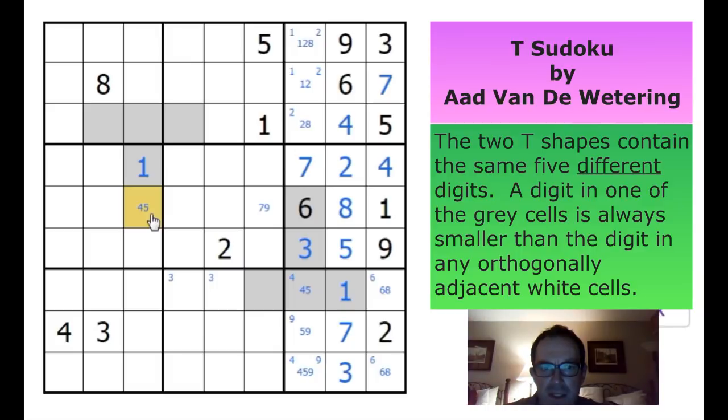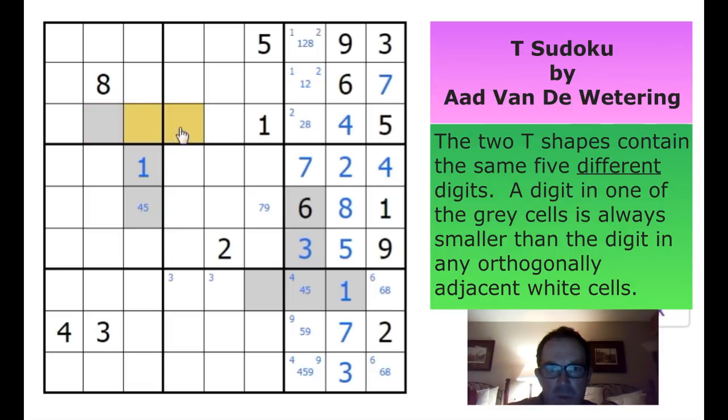Now, what does that tell us? I'm not sure what it tells us about the 4 or the 5, but it does tell us that these squares must include a 3 and a 6. So, is that helpful?